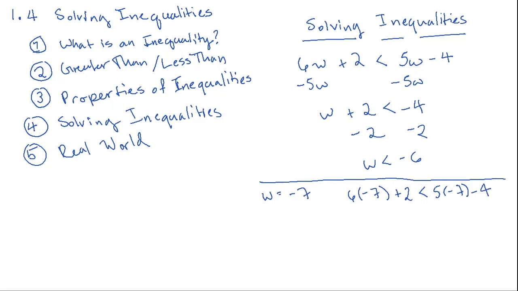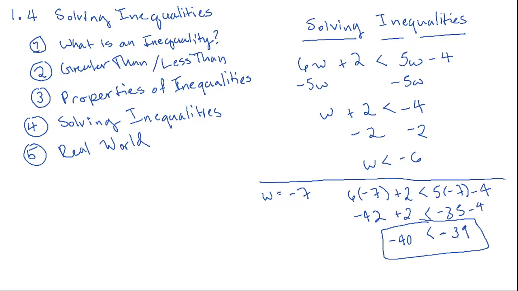Let's find out if this is correct. 6 times negative 7 is negative 42, plus 2 is negative 40. On the right side, 5 times negative 7 is negative 35, minus 4, which is negative 39. So even though it's close, we can still see that this definitely checks out.